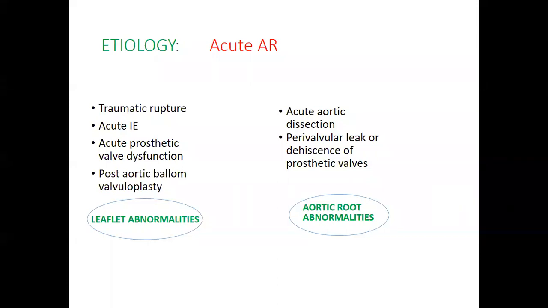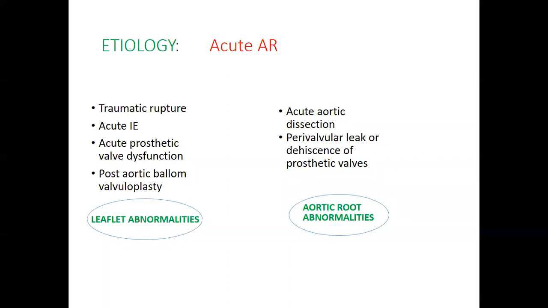Sometimes if one has attempted aortic balloon valvuloplasty for treating a patient with severe aortic stenosis, then as a complication of the opening of the stenosis, you can get AR during the procedure of aortic balloon valvuloplasty.